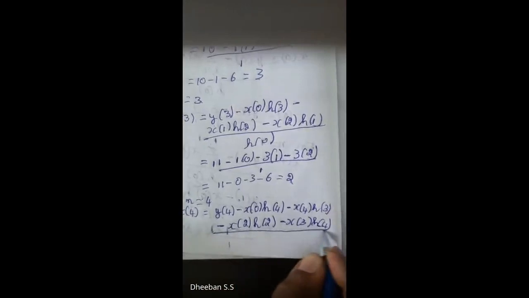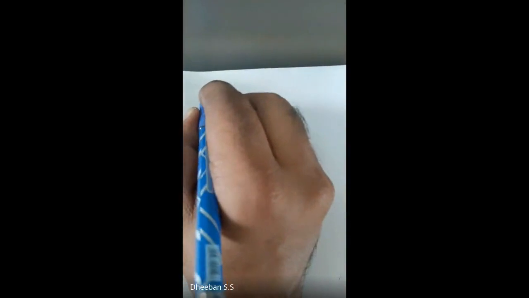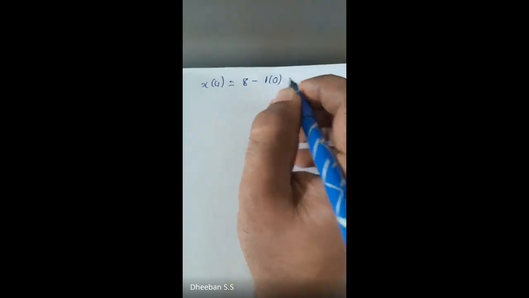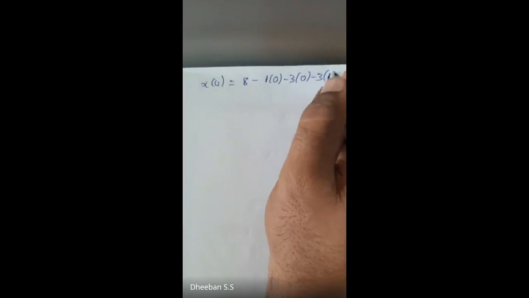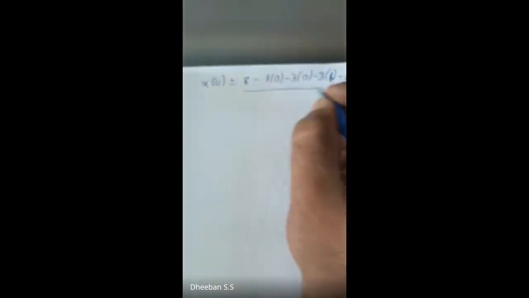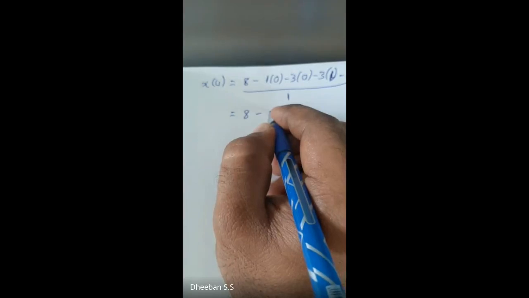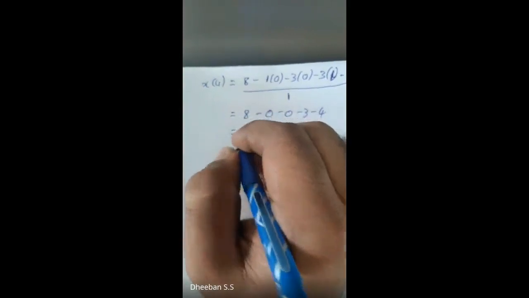The entire thing divided by h of 0. Yeah. Now we have to substitute from the given values. So x of 4 would be equal to 8 minus 1 into 0 minus 3 into 0 minus 3 into 1 minus 2 into 2 by 1. Okay, it will be 8 minus 0 minus 0 minus 3 minus 4. So we will get the value 1.